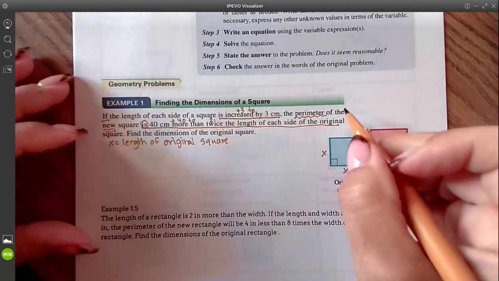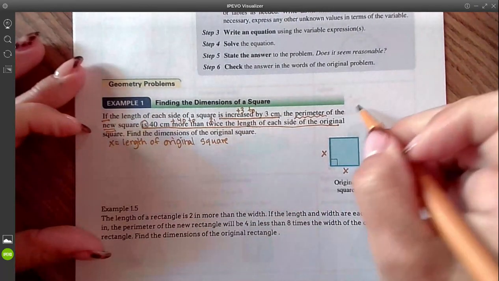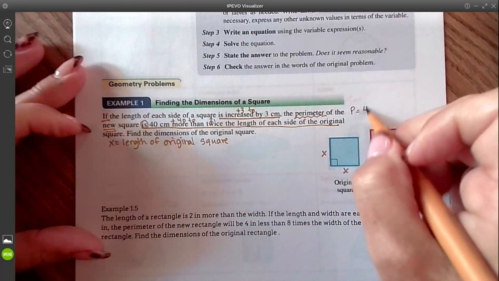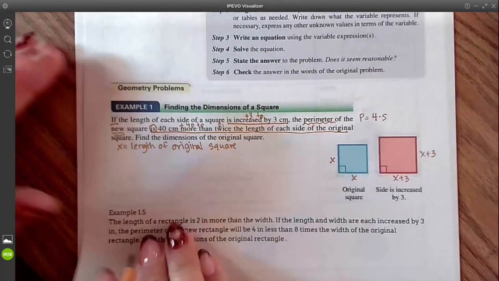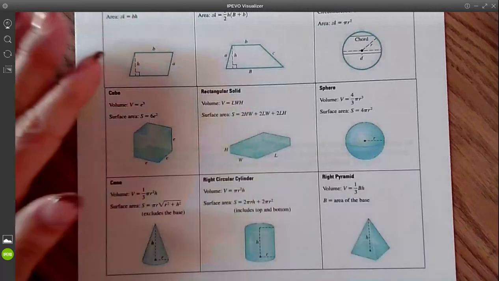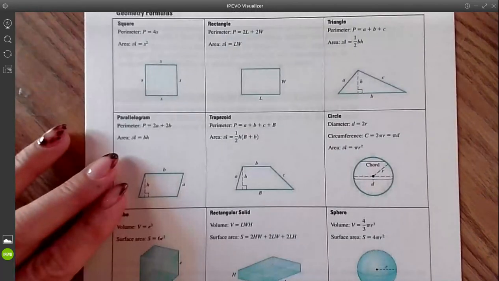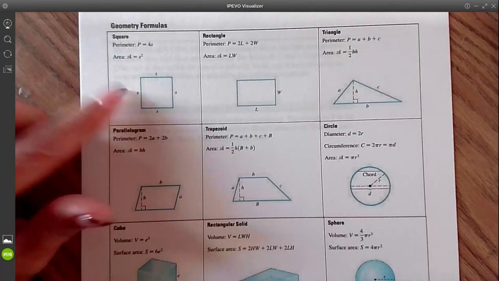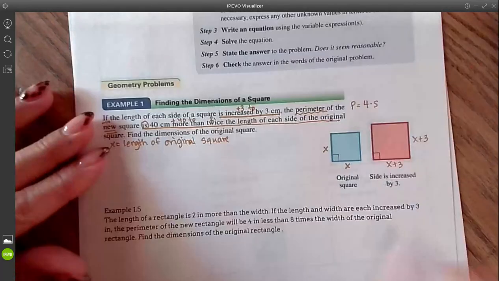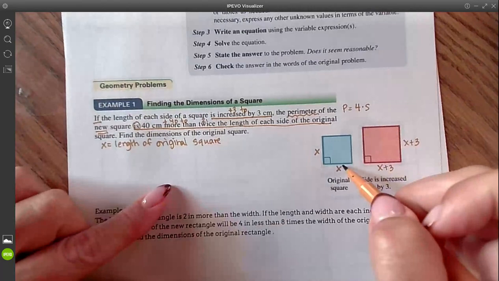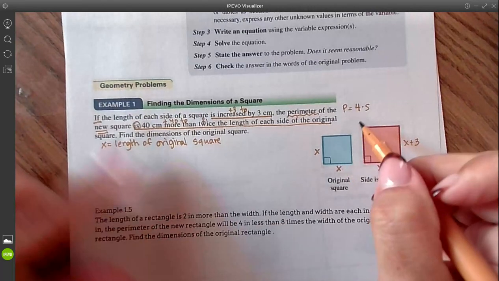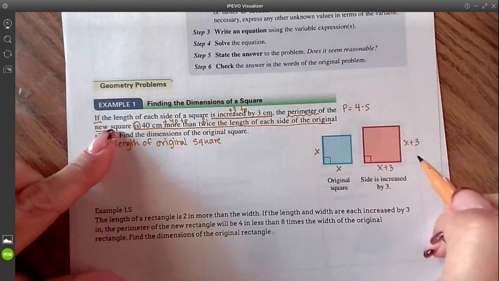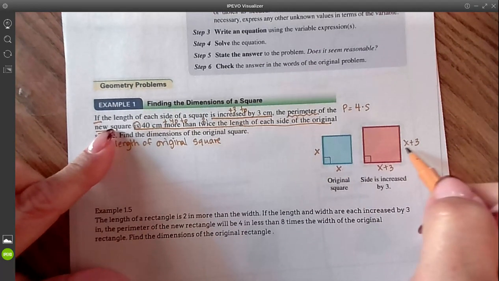So the perimeter of the new square, remember, for perimeter of a square is 4 times the side length. On your next page you're going to have a formula sheet. So you've got perimeter is 4s when you have a square. And since the original side length is x, the new square is x plus 3 for the sides.